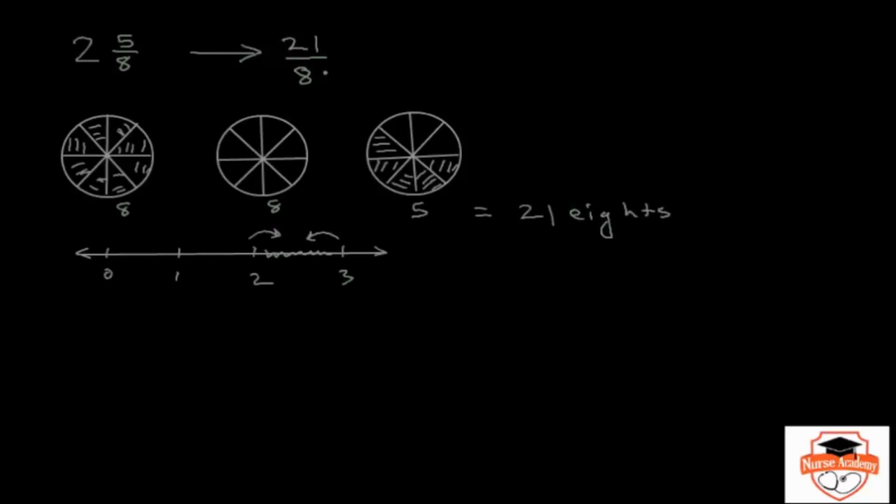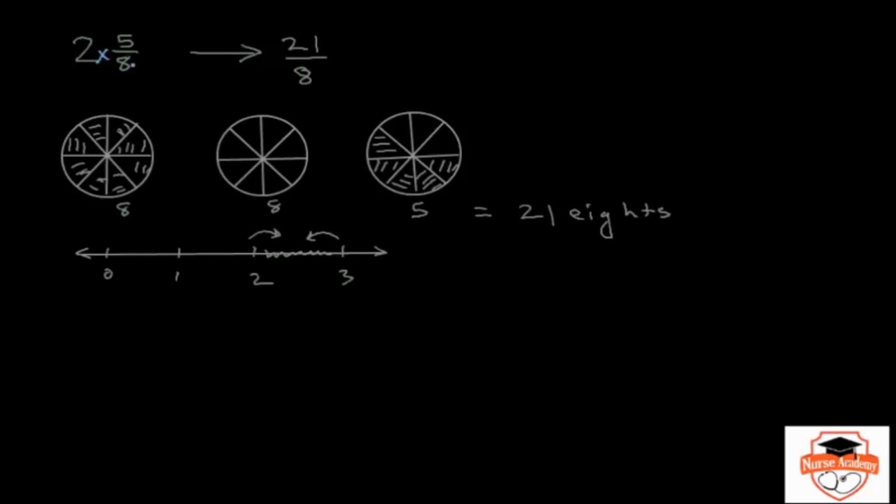The good thing is you don't always need to draw pictures of circles and squares and rectangles or whatever model you want to use whenever you want to change a mixed number to an improper fraction or an improper fraction to a mixed number. You could just use some simple maths to do the conversion. This is how. To change a mixed number to an improper fraction, multiply the denominator of the fraction with the whole number.